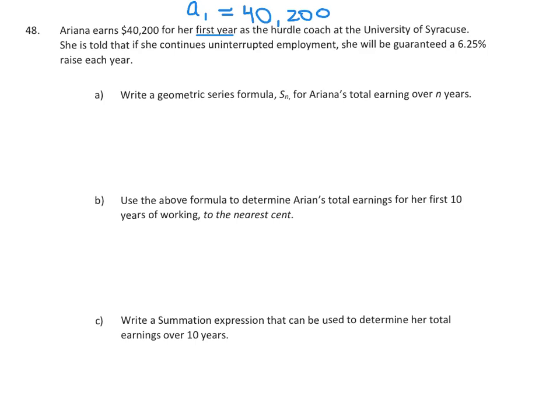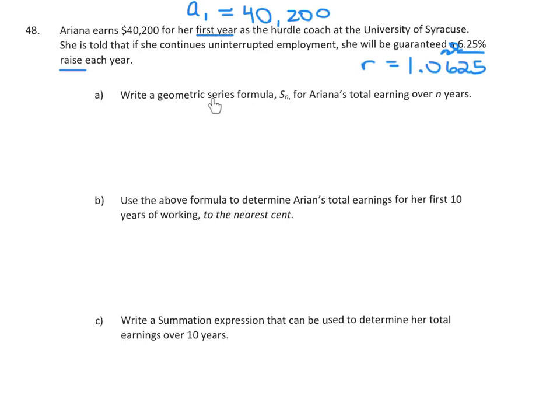Okay, she is told that if she continues uninterrupted employment, she will be guaranteed a 6.25% raise each year. So it's going to go up by 6.25%. So 1 plus the rate, 1 plus 0.0625, right, if we move the decimal place back twice, would be 1.0625. So that's going to be our r. That's what we're multiplying by to get from one term to the next.